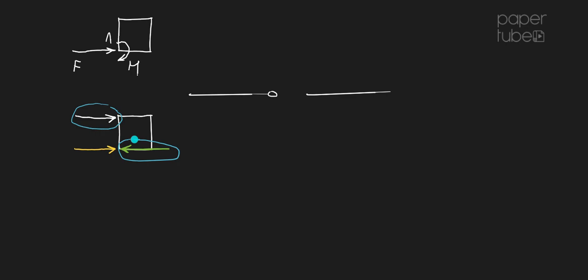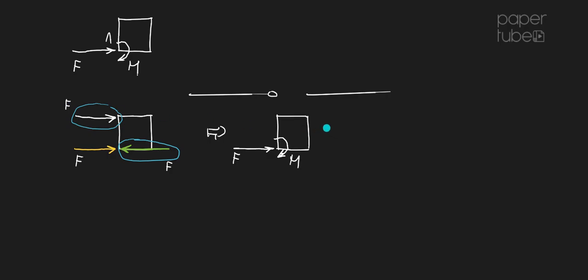So I can actually represent that couple with that moment M, and this is going to be the same thing as saying that I have my block with the force that is remaining after the couple, right after I take out the couple, and I'm replacing those two forces by this moment M. So this is how we end up with that moment.